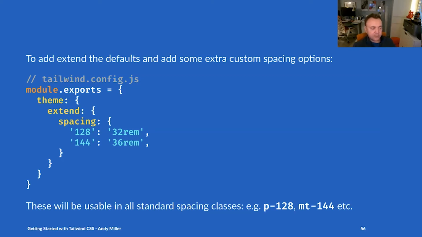And you may have noticed that the way that spacing works inside of Tailwind is if you divide the value by 4, it's the number of rem. So 128 divided by 4, that would be 32 rem, and 144 is 36 rem. And we would just use these just like we normally would, padding, height, width classes. So here's an example, p-128, that'll be a padding of 32 rem, and an mt-144 will be a margin top of 36 rem. That's basically what it's translating to.